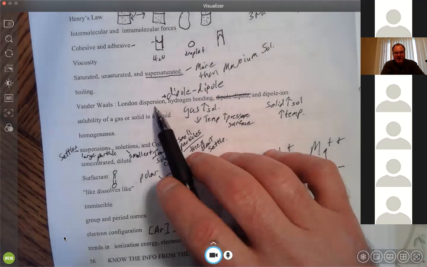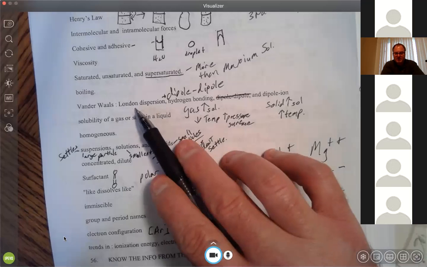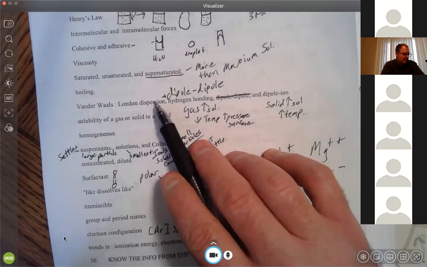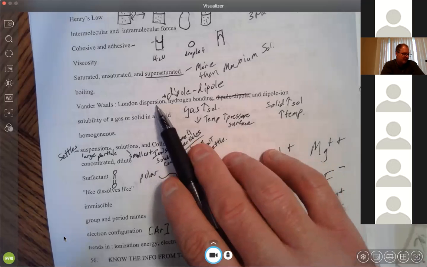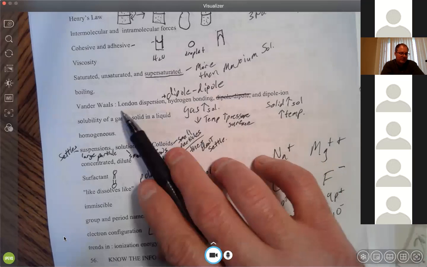If you're looking at compounds with this, the more electrons something has, the more London dispersion forces it has. If you have polar bonds, then you have London dispersion forces and dipole.